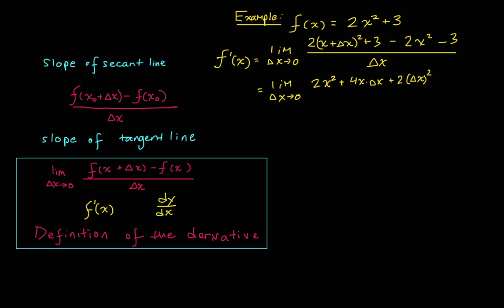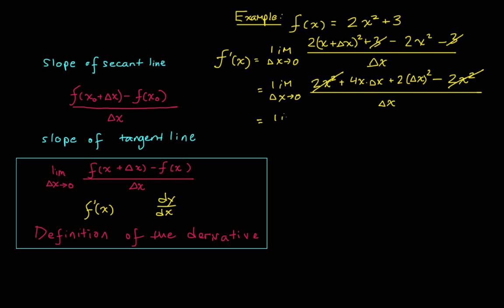Okay, and then we see the plus 3 and the minus 3, those already cancel each other out, and then we have minus 2x squared here. Okay, and then we still have our delta x in the denominator. We have some other nice cancellations. 2x squared will cancel out.